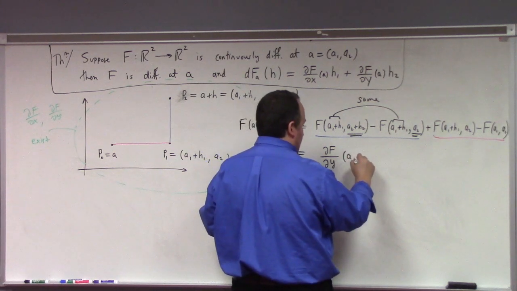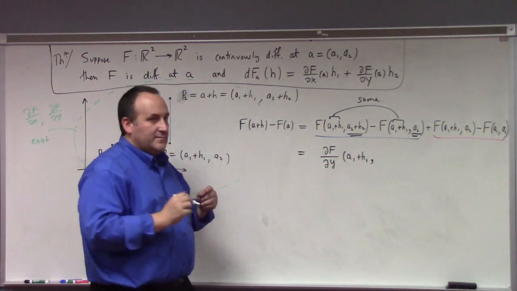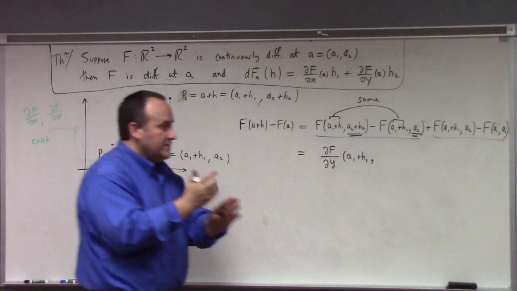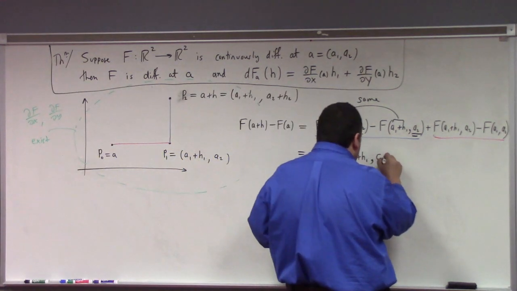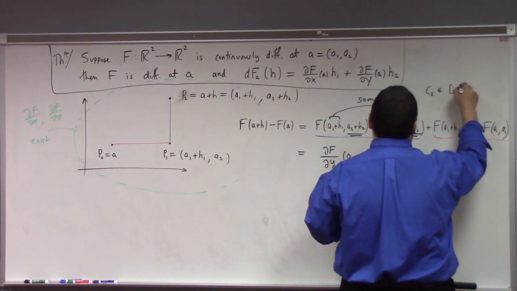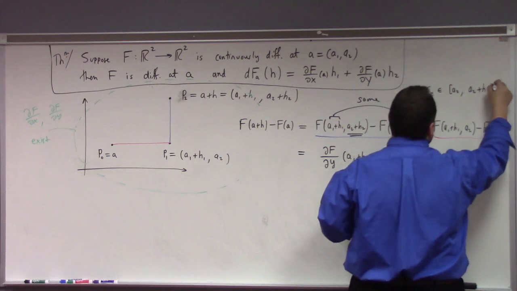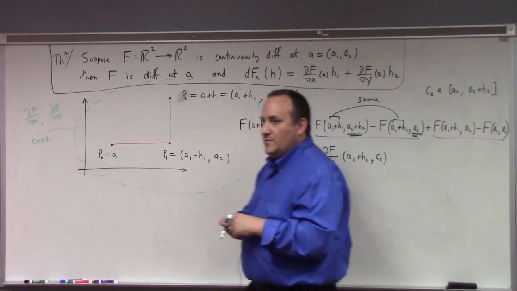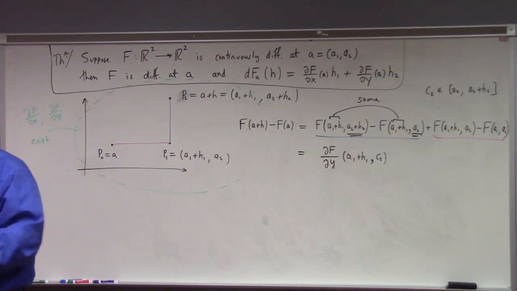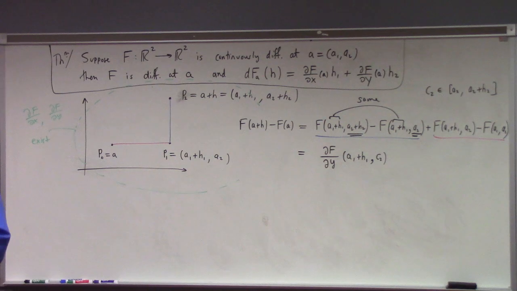At (a1 plus h1, c2), where c2 is some element of the interval (a2, a2 plus h2). Now, admittedly, I am assuming that h1 and h2 are positive in the interests of not burying you in a pile of math legalese, right?